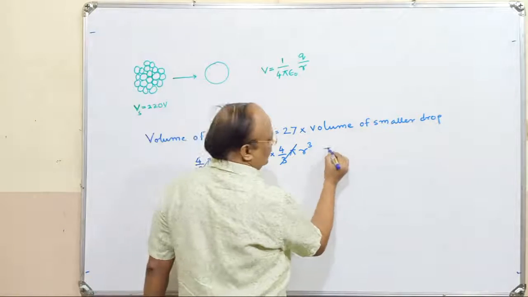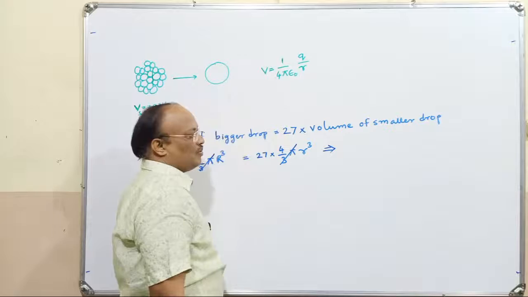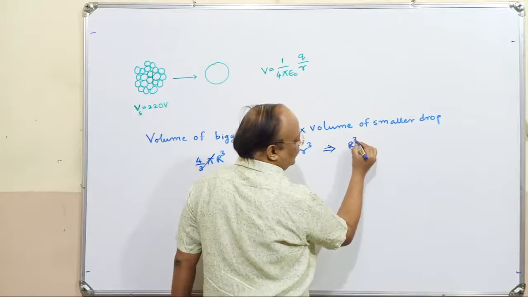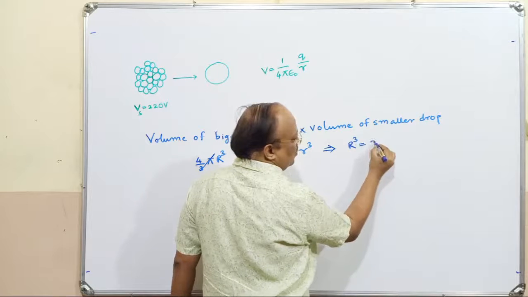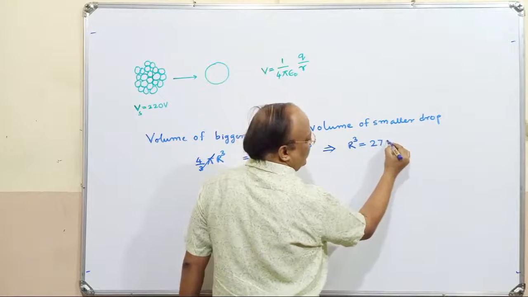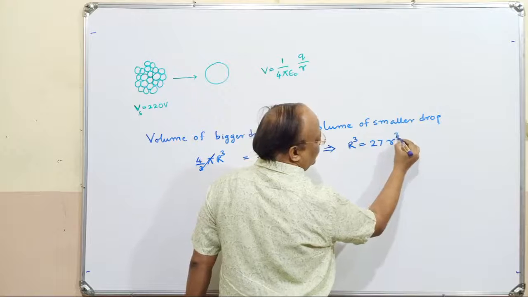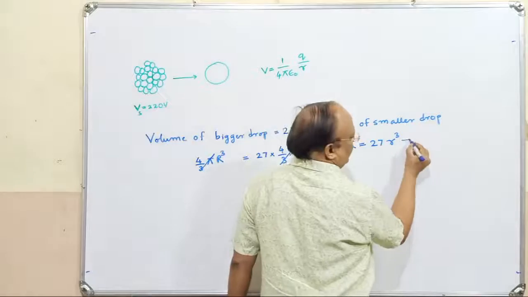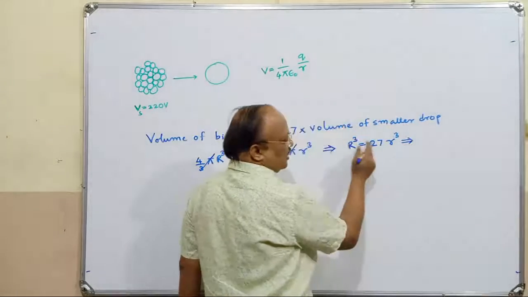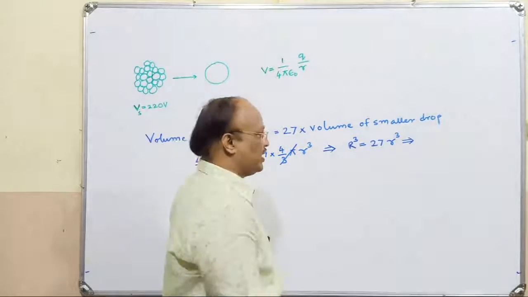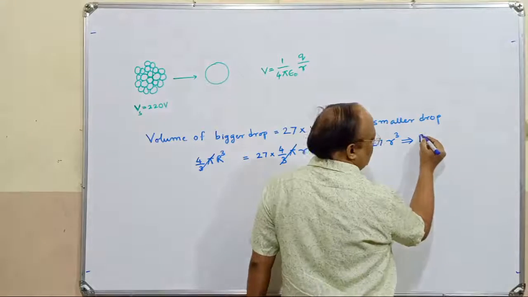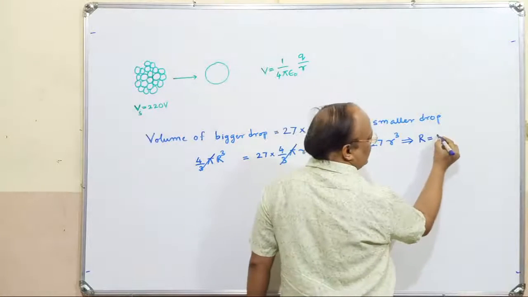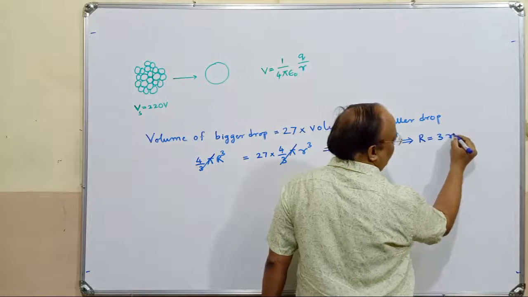So here, what is left is R cube equal to 27 times r cube. If you take the cube root on both sides, R is equal to the cube root of 27, which is 3, times r.